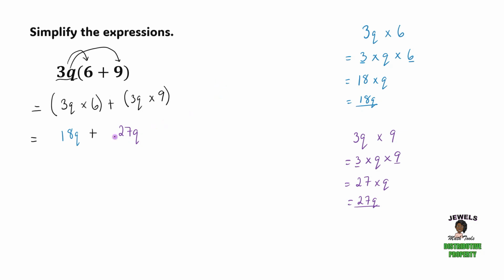And in working through this question, you'll notice that in this case, we do have like terms within our expression. And remember that we have like terms not because the numbers are alike. Remember that our coefficients or our numbers in this case can always be different, but it's our variable that tells us whether our terms are alike or unalike.